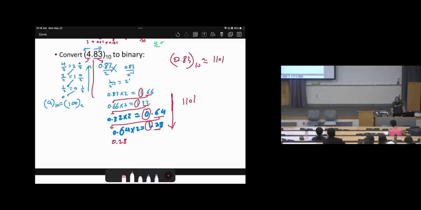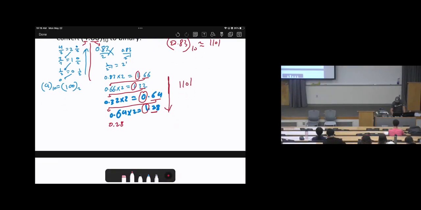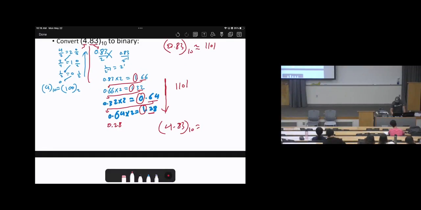Then, as a result, we can say 4.83, taking each part alone, is 100.1101 in binary.